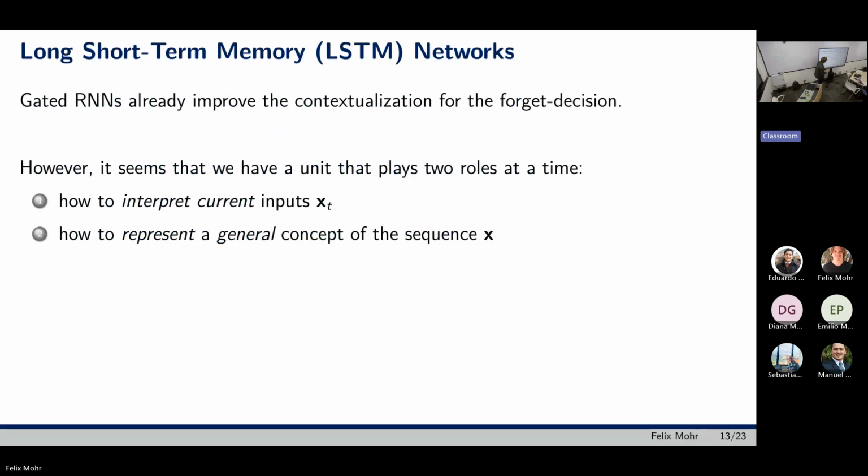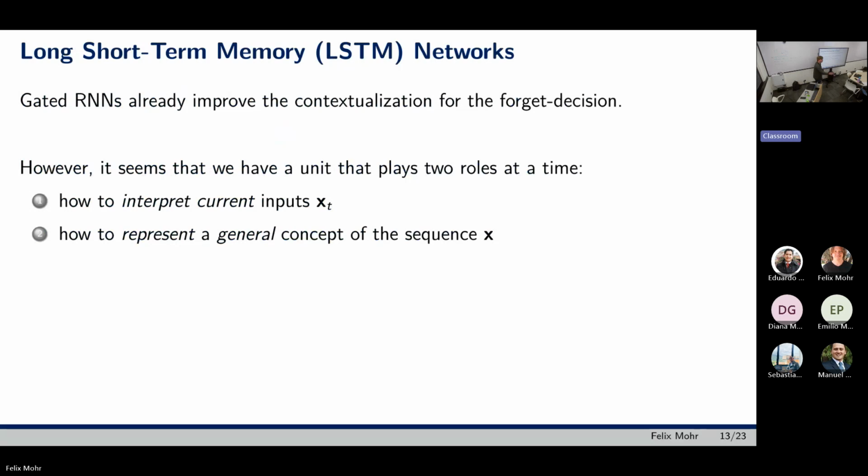So maybe it's even three or four roles here. One is to interpret the inputs. One is just to be a memory, something I want to remember, which I can then update. The third is to control how much I want to remember and whatnot.